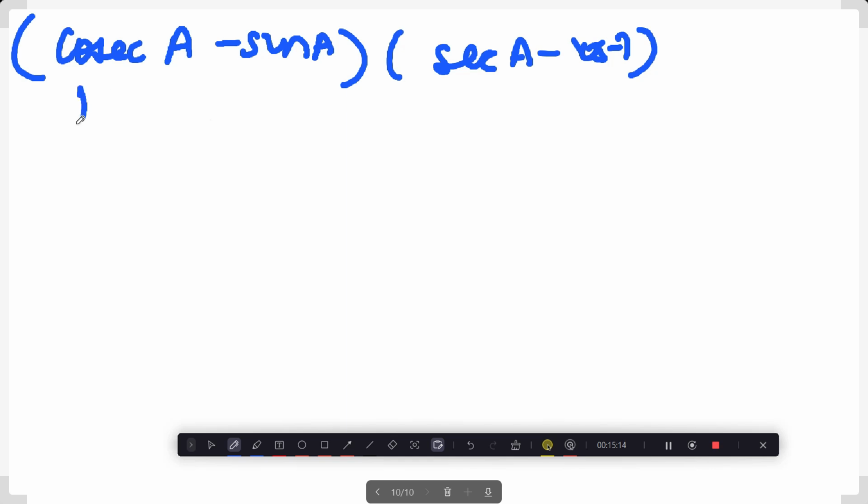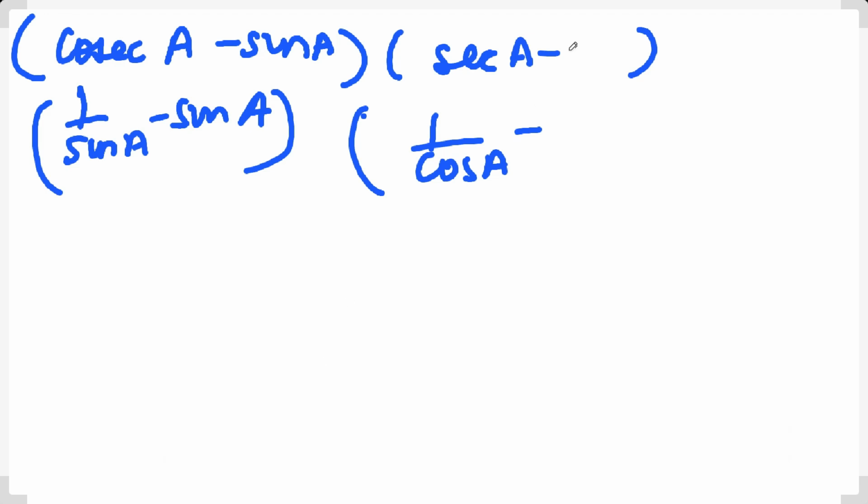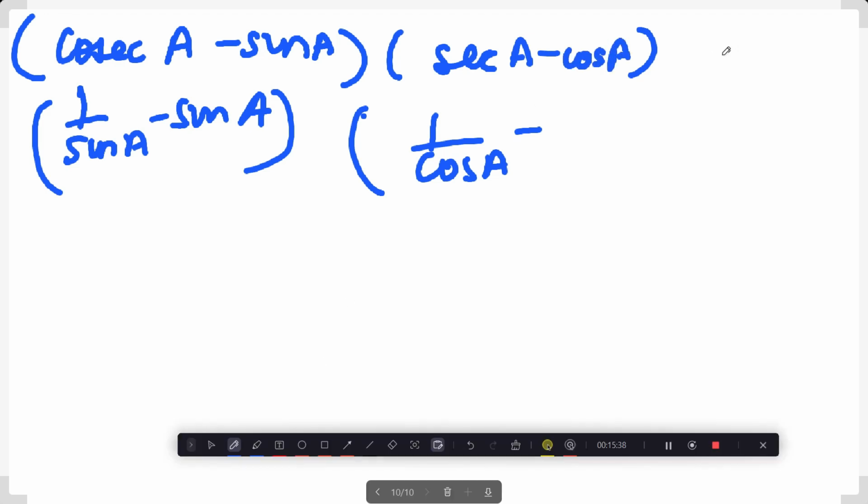So what is cosec A? 1 by sine A. 1 by cos A. Sorry guys, this is cos A. Don't mean it to be so difficult. This is question number 9, subpart 9 of question 4 of exercise 8.3, so that you know what I am referring to. Cosec A minus sin A, sec A minus cos A.